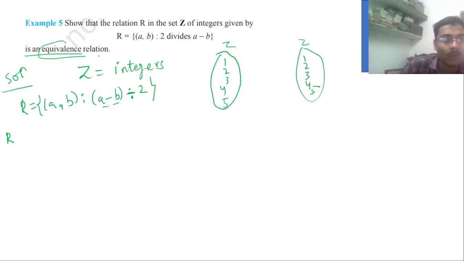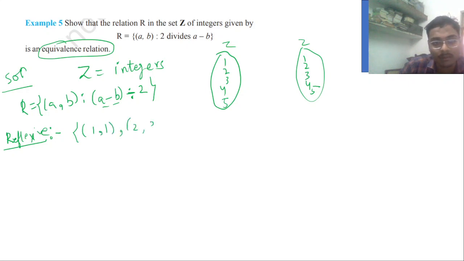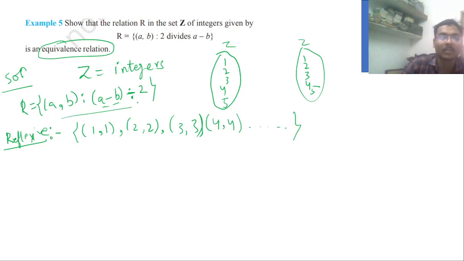So we will have to prove that this is an equivalence relation, and for equivalence it has to be reflexive, symmetric and transitive. So first I am proving the reflexive part. What is reflexive? Basically the reflexive relation must have 1 with 1, 2 with 2, 3 with 3, 4 with 4, 5 with 5. So is this satisfying the condition? Let me check. We subtract these two, 1 minus 1, and divide by 2. 0 by 2 is 0.